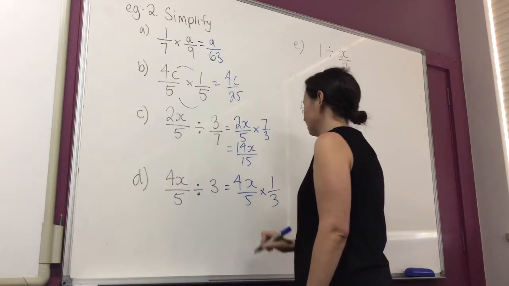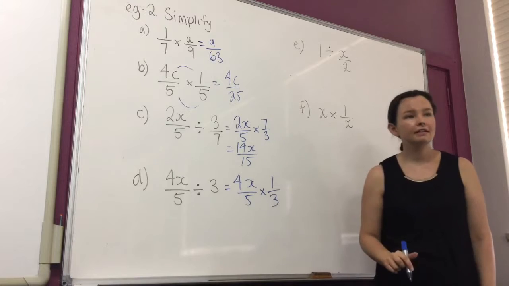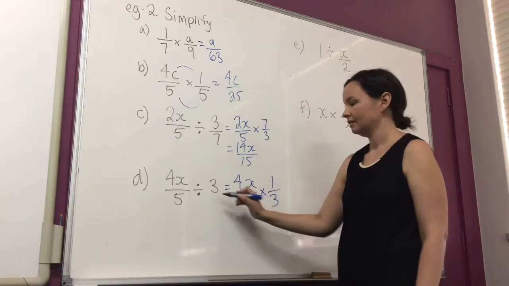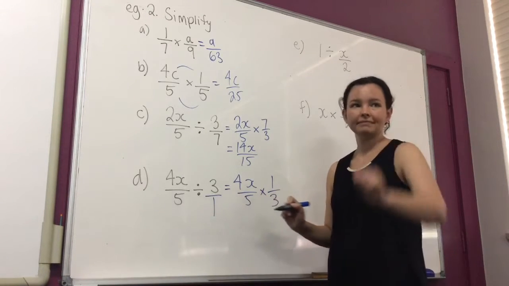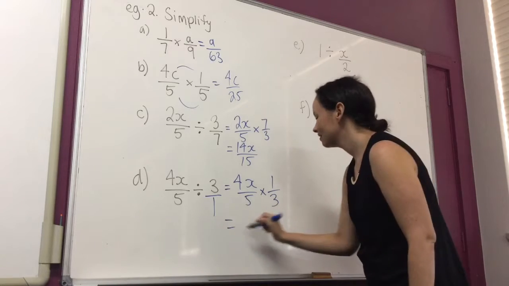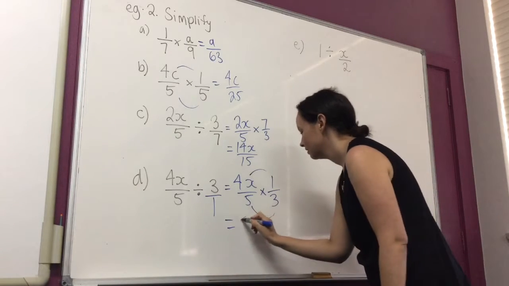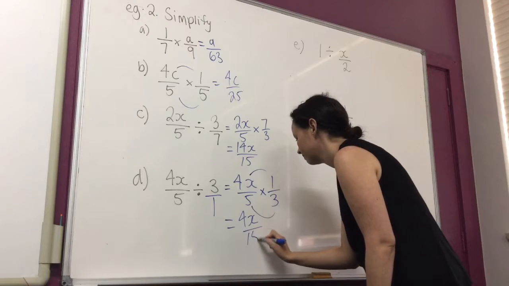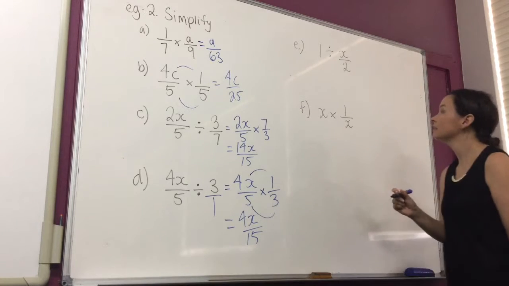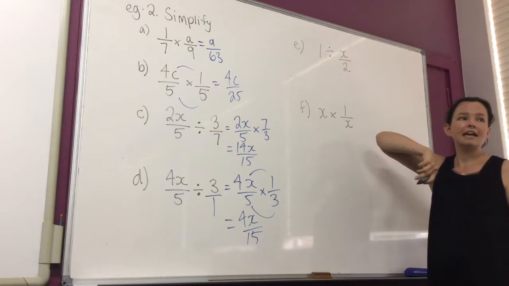Why is it 1 over 3? Because one is invisible, one is under 3. Good, thank you. So timesing across then, it's 4x over 15. Good.